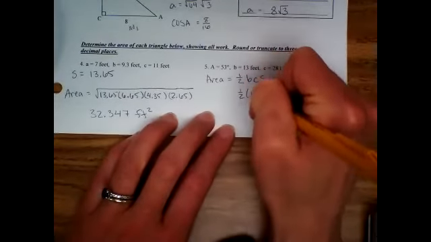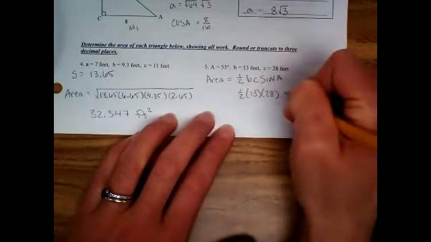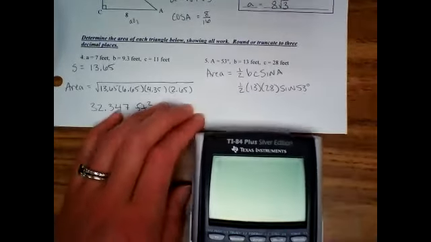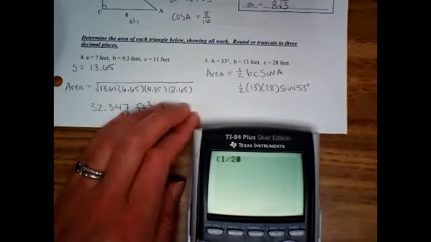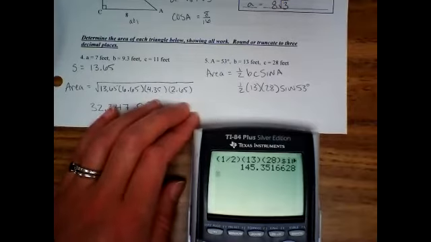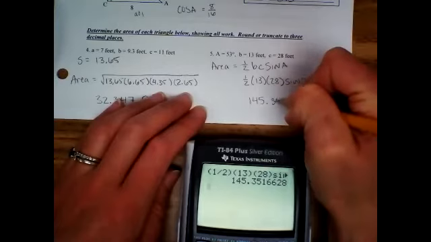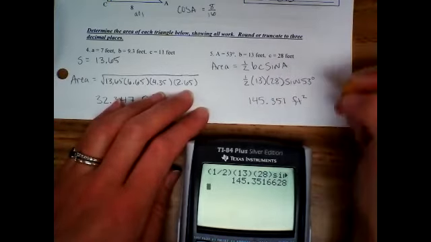So 1/2 times 13 times 28 sine of 53 degrees. So we're just going to type that in. So I got 145.351. And again, it would be square feet.